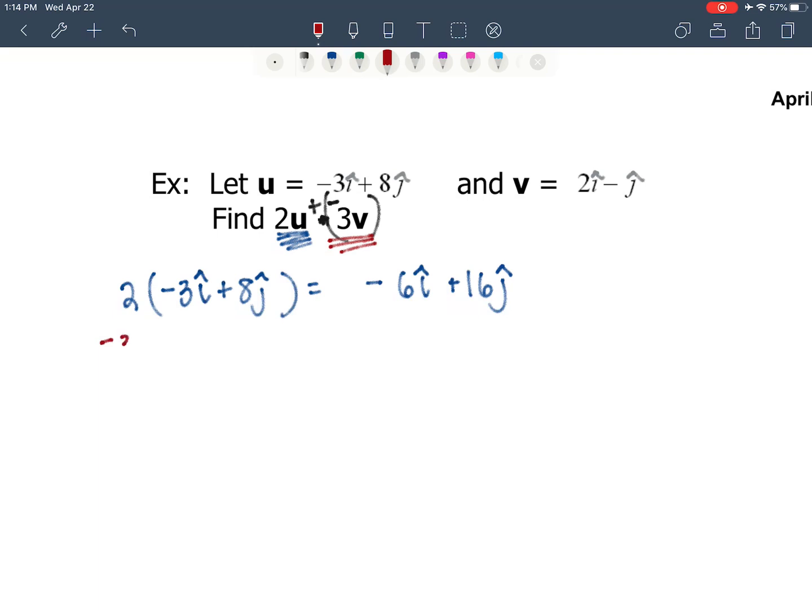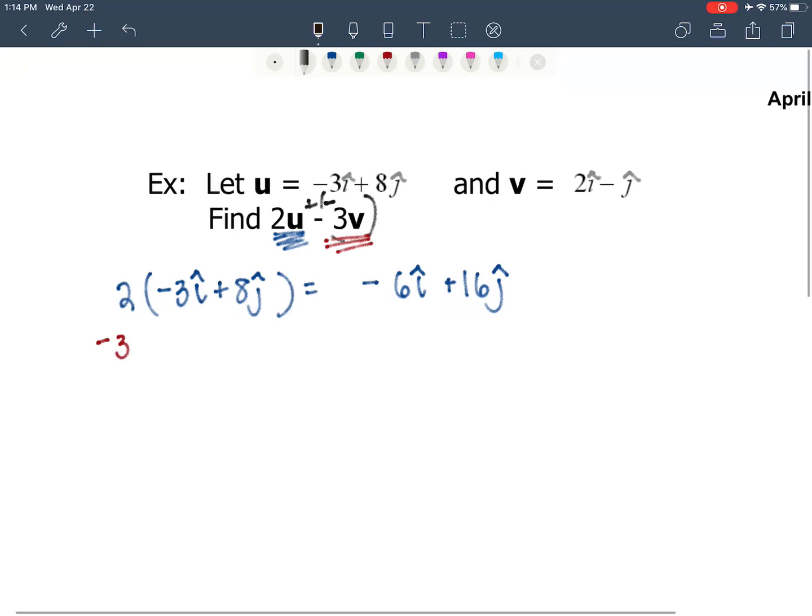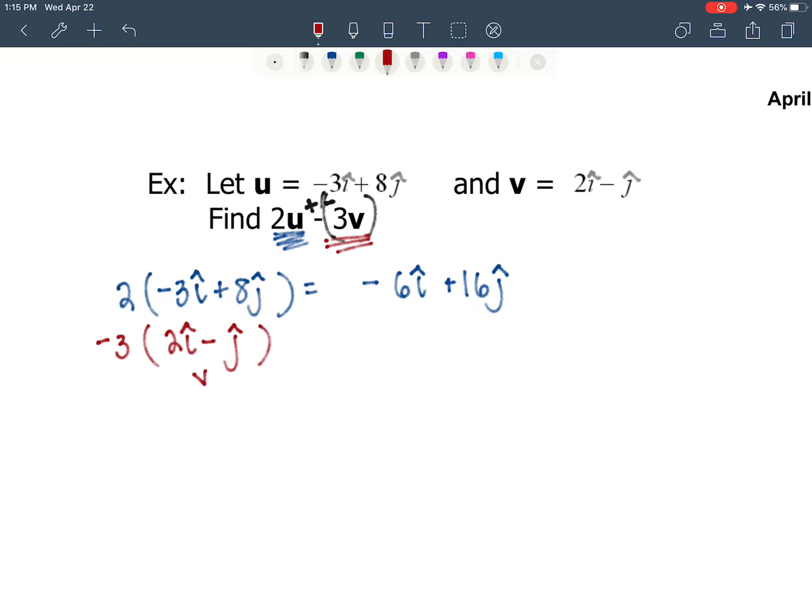So I'm going to take negative 3. So I'm going to take that minus sign. Here, I'm going to erase that because I don't like the way that looks. I'm going to take that minus sign and I'm going to attach it to my scalar. So 2i hat minus j hat. See, this is vector v. This was vector u.